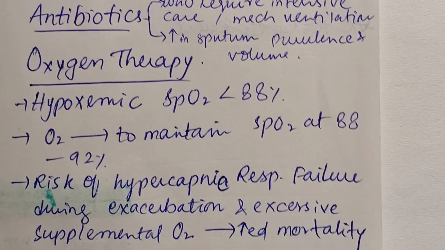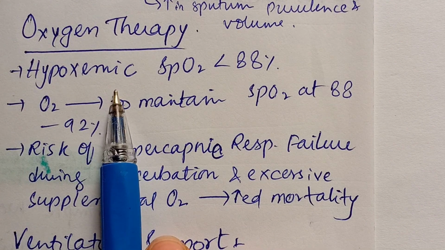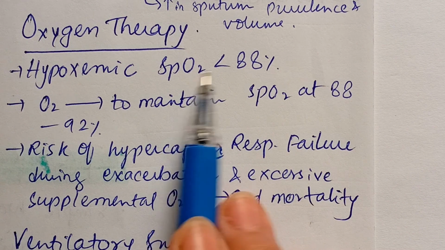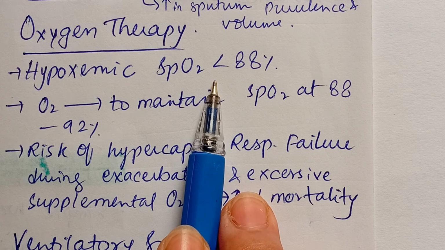Then we have the oxygen therapy. Oxygen therapy is given to the patient when he is hypoxemic. The threshold for hypoxemia in COPD patients is less than 88%.